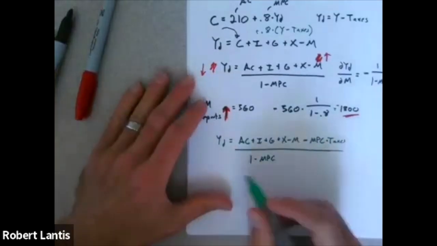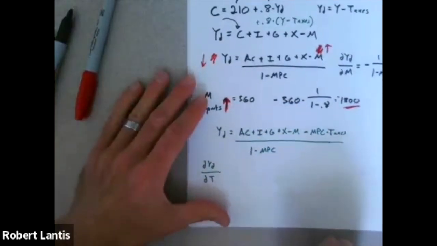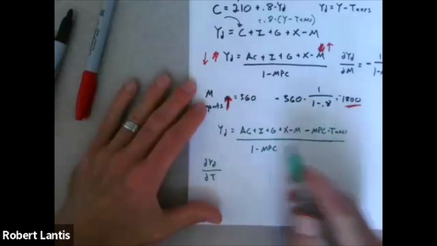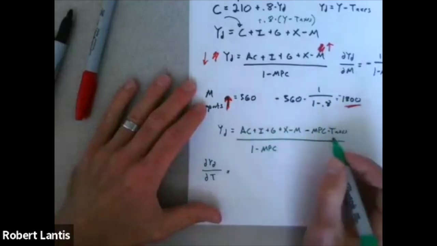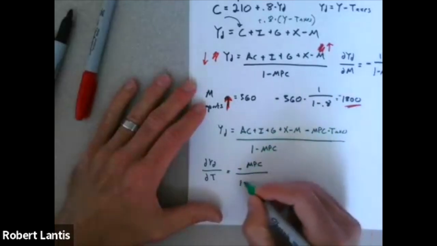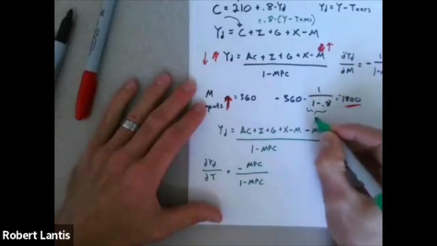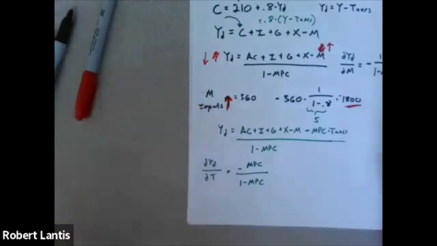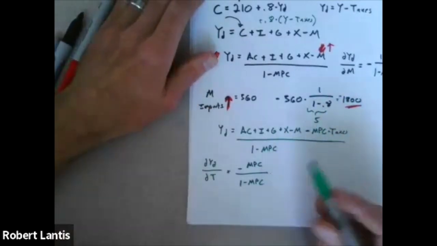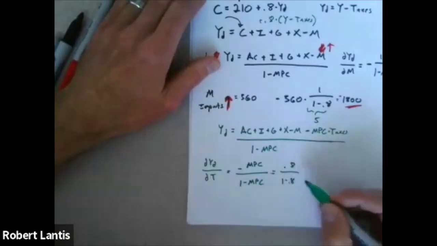Now I can think about what's the effect on that break-even level of real GDP if I see a change in taxes. It's similar to imports. I have to remember I've got a negative value. Taking the derivative with respect to taxes, I've got negative the marginal propensity to consume over 1 minus the marginal propensity to consume. Notice before, every dollar spent on imports decreased our break-even level of GDP by a factor of 5. Now, if I plug this in, I've got 0.8 over 1 minus 0.8.